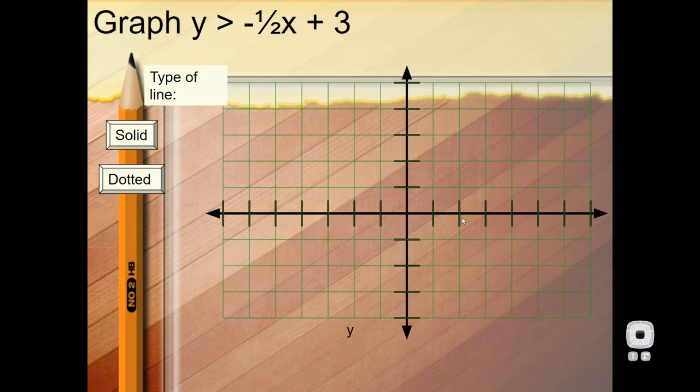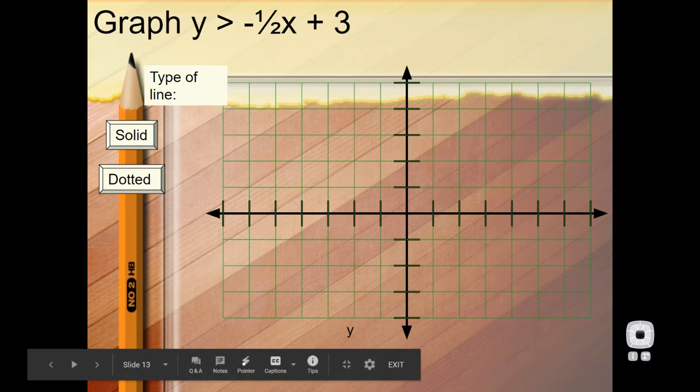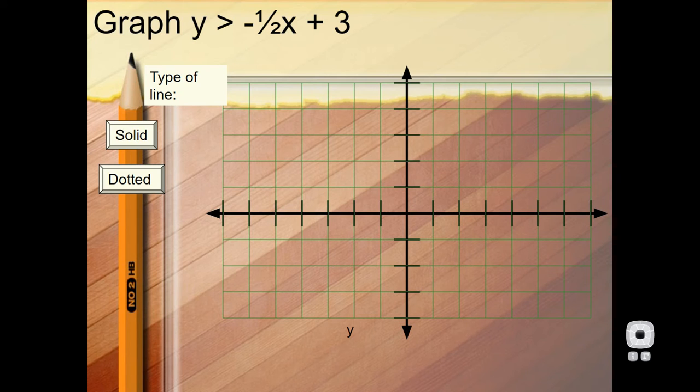All right, so let's look at another one. Let's graph this. I'm looking to graph, and then I need to know what kind of line. So let's just check it out. What kind of line will it be? I need everybody to answer the poll. Is it solid?